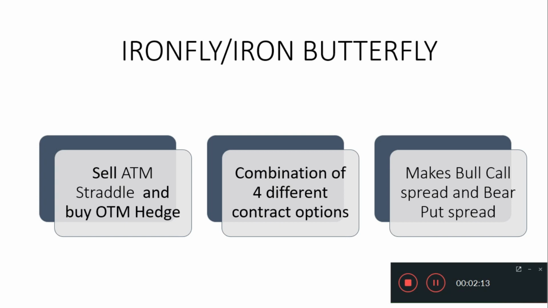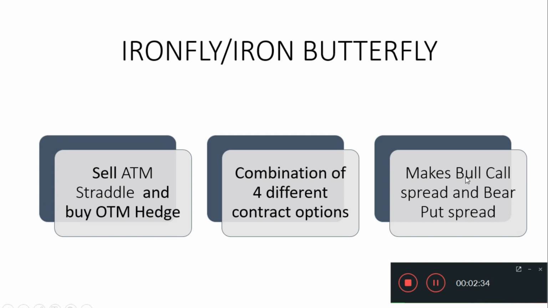It's a credit spread strategy that basically involves these four options, and it limits your risk as well as your potential profit, because your risk is limited, your profit is also limited. It makes a bull call spread and a bear put spread.